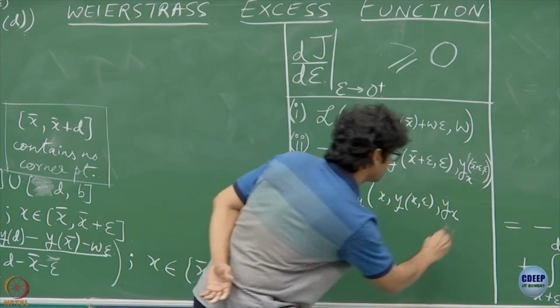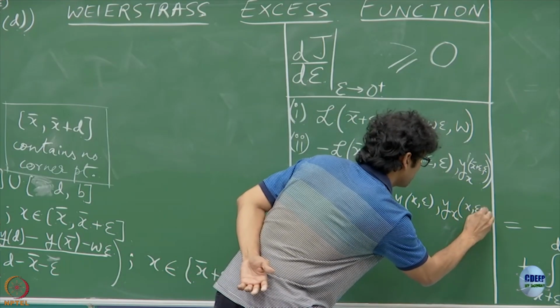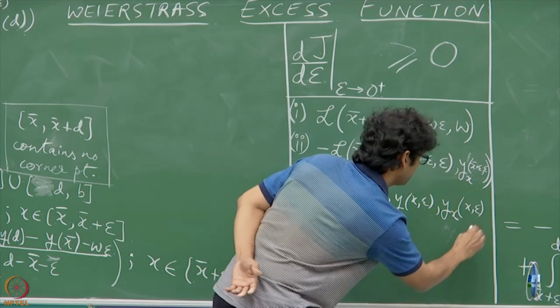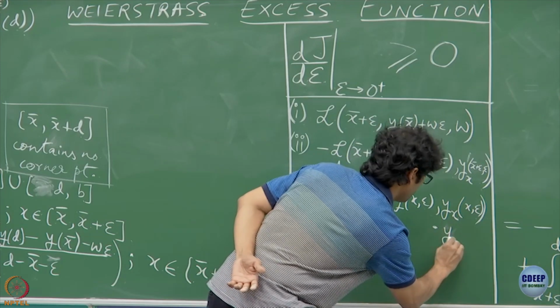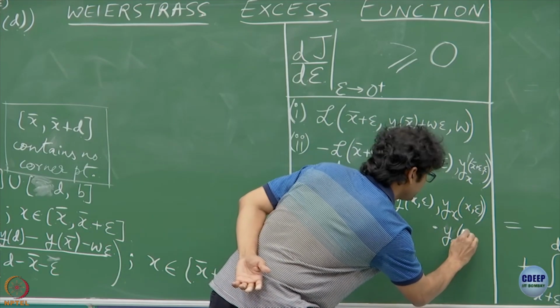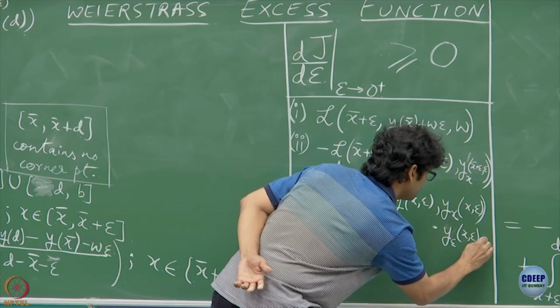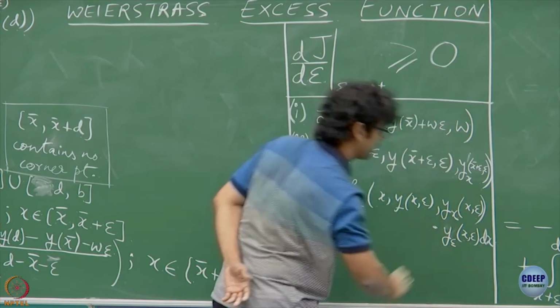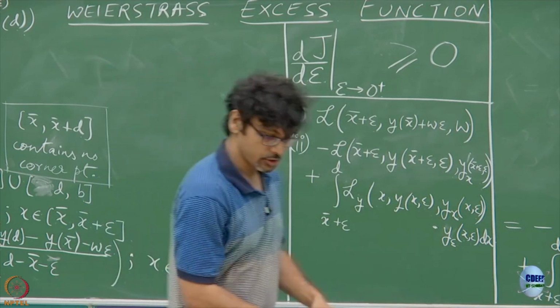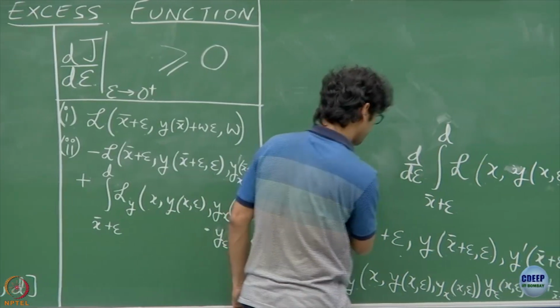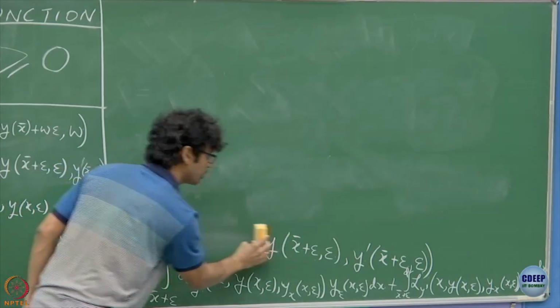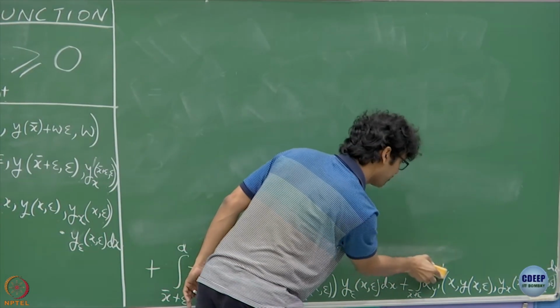Doesn't matter, y x or y prime, times y epsilon x comma epsilon dx.